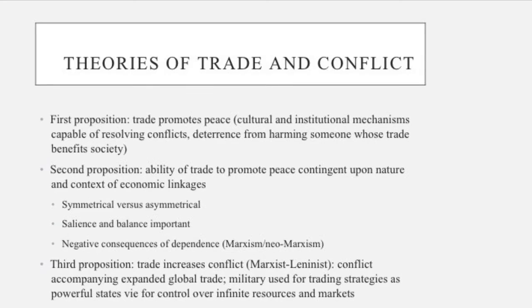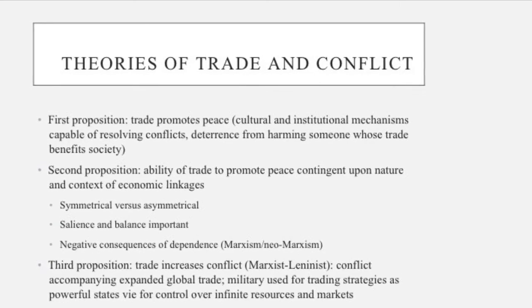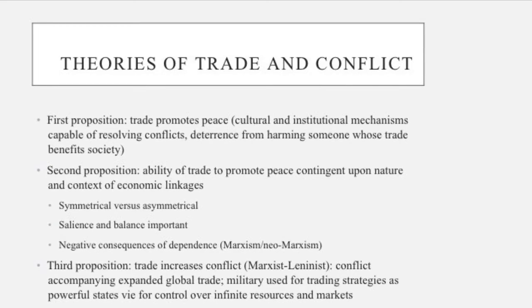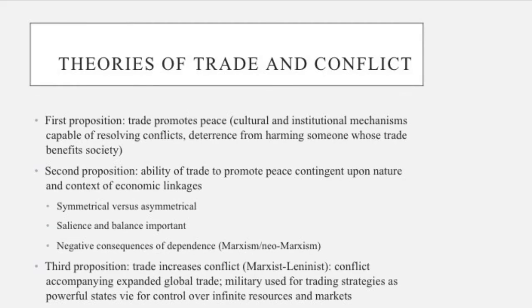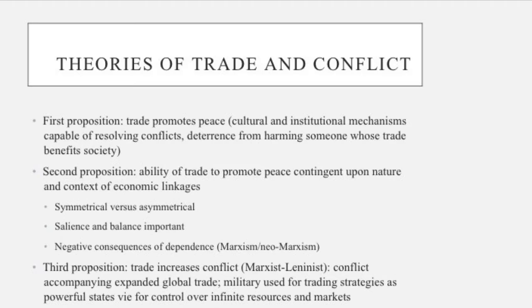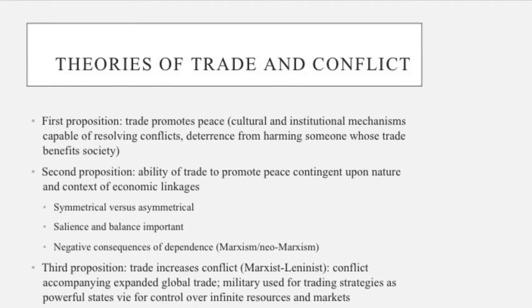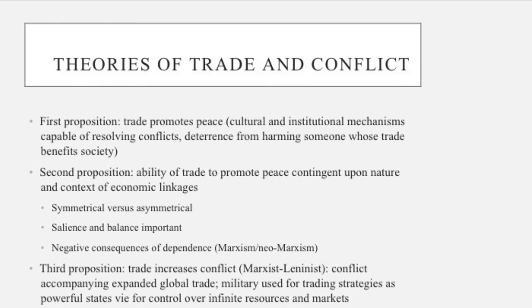From the literature on the links between trade and conflict, there are four basic propositions that emerge, and she tests these with her data. The first is that trade promotes peace. The second is that trade might promote peace, but it depends on the nature and context of economic linkages. For example, symmetry, salience, and balance, in other words, are the important goods that are traded.